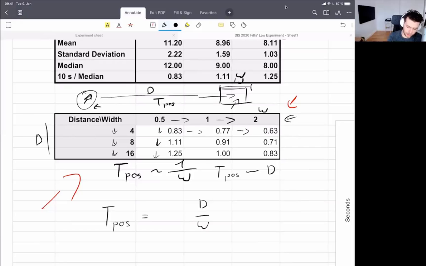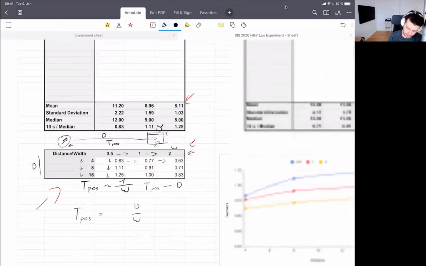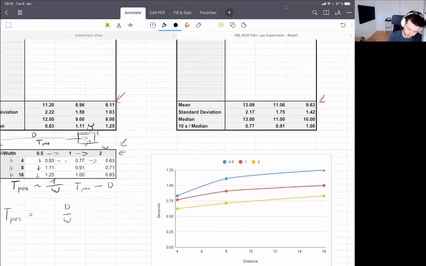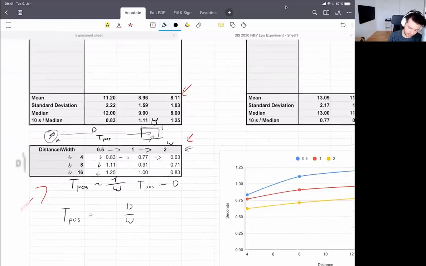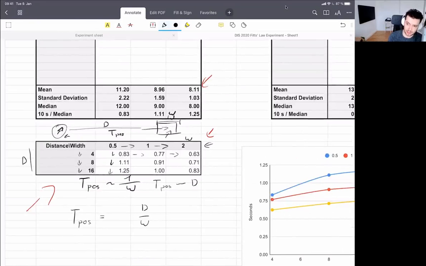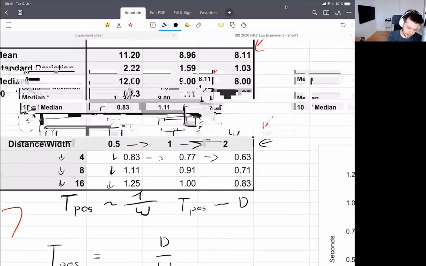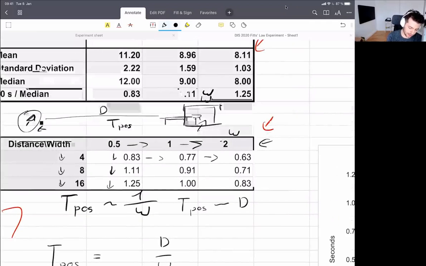Now, if you look at this graph here, and also at the numbers, apparently it's not really linear. Let's keep the width constant, so let's look at the 0.5. We are always doubling the distance: first 4, then 8, then 16.